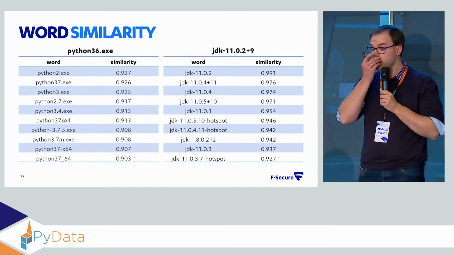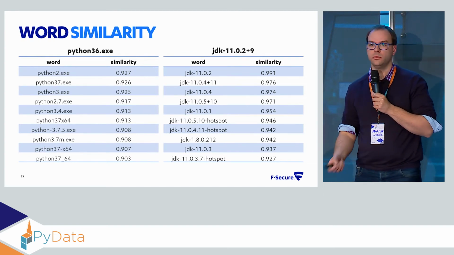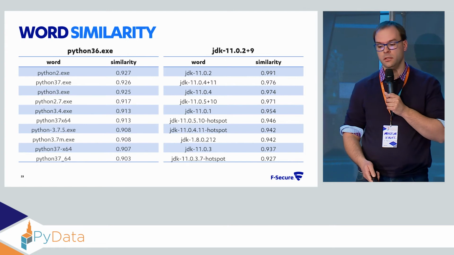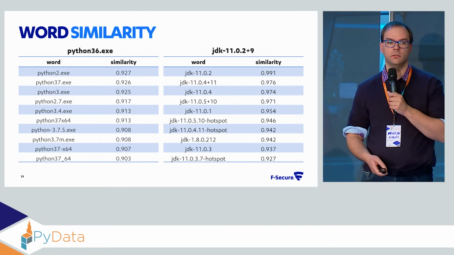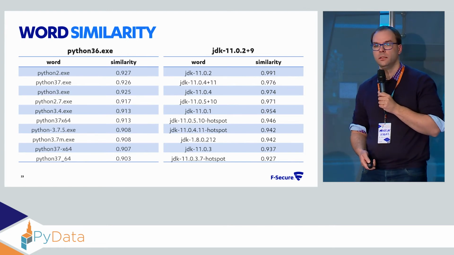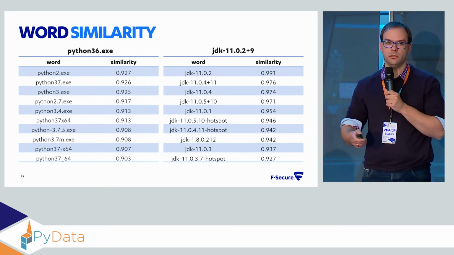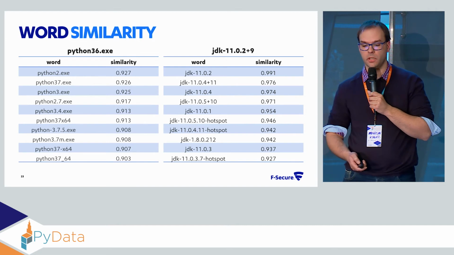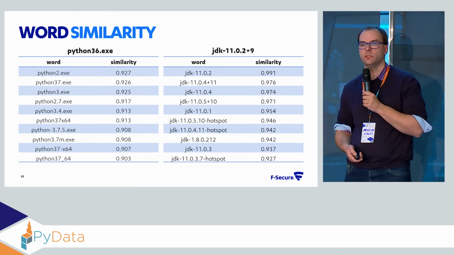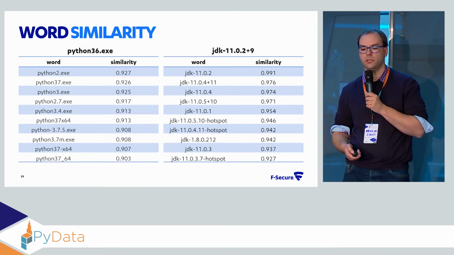Okay, but it actually worked. So Python is similar to different Python versions, or JDK is similar to different JDK folders with different versions. Of course, similarity can change, but more or less it is able to cluster the data in the desired manner.